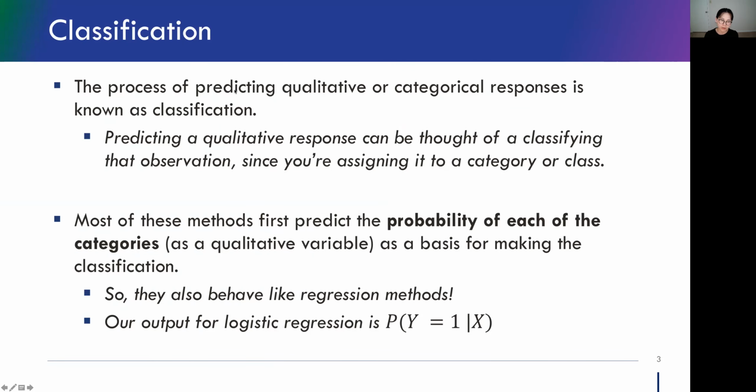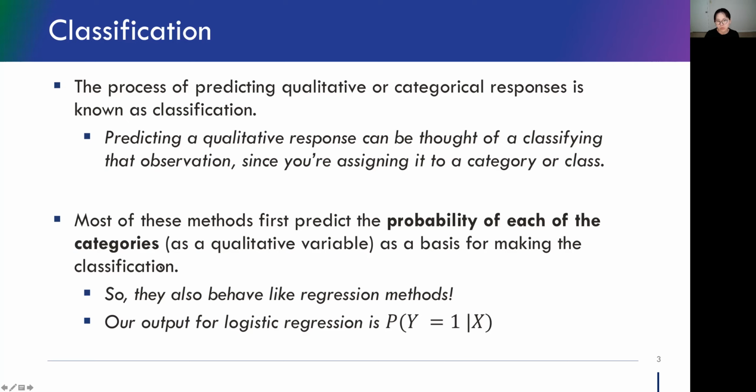For a response variable being qualitative, we normally call this regression problem classification. Formally, we see the process of predicting a qualitative or categorical response as known as classification. Intuitively, it is like classifying an observation, since you are assigning it to a category or class.